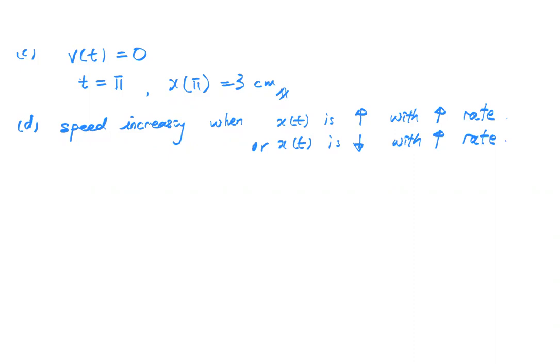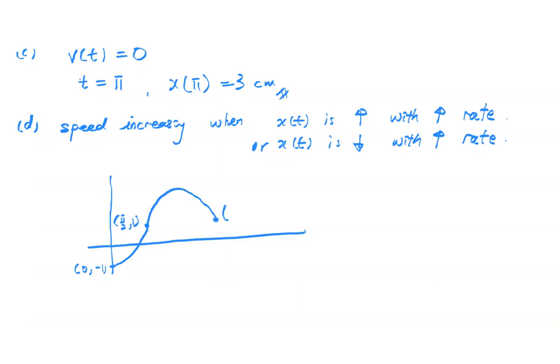So just now we had the graph from here, 0 and -1, it goes up to pi by 2 and 1, correct? You see this part is increasing with increasing rate. Then after that we have it like that until this inflection point.